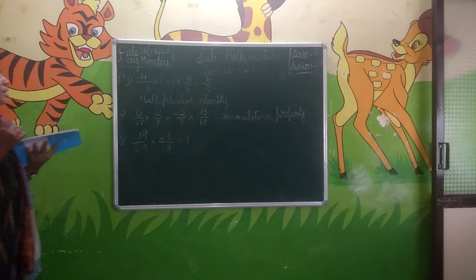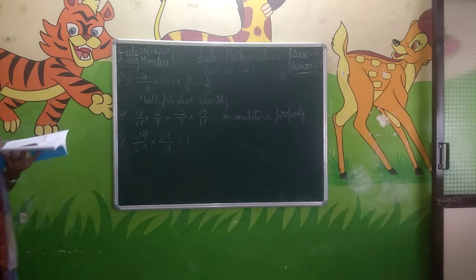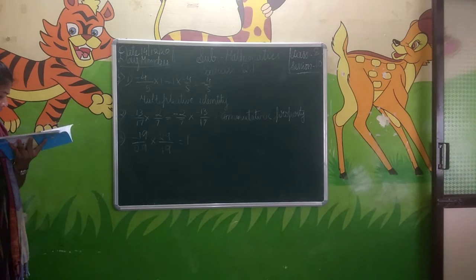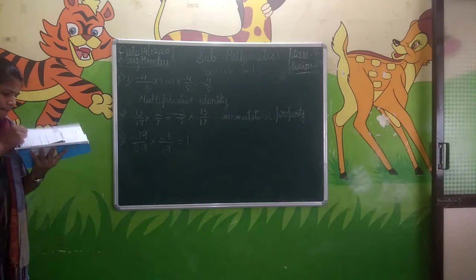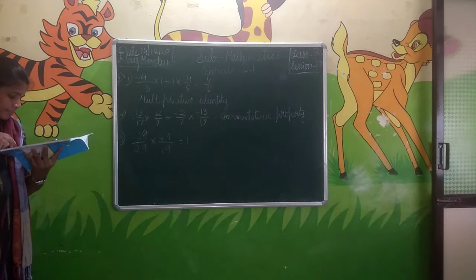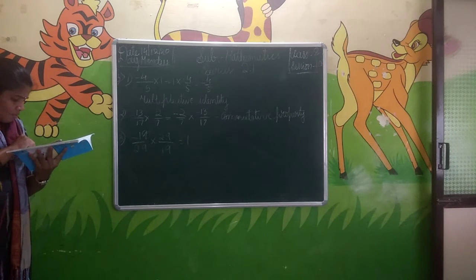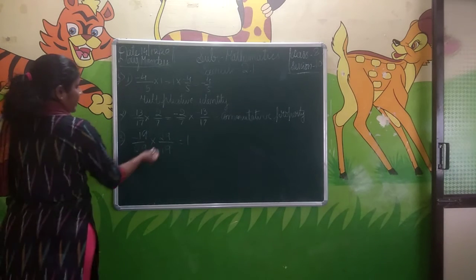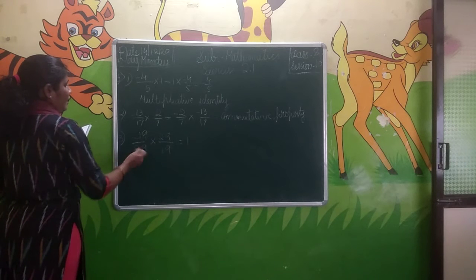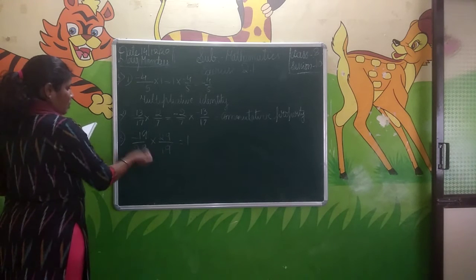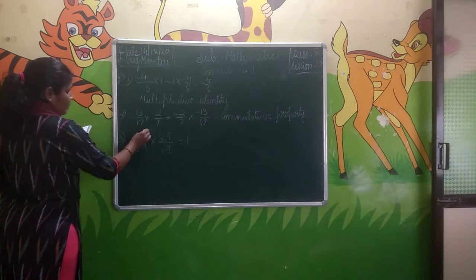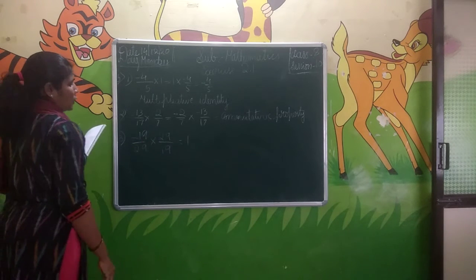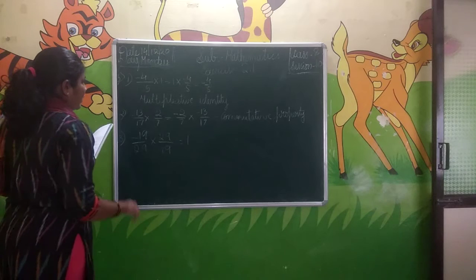So we have used the multiplicative inverse, which means we have the reciprocal number, that is minus 19 by 29 into, we have taken the denominator as a numerator and the numerator as a denominator.